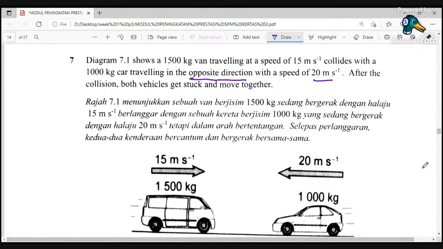Okay, sorry for interruption. 1,500 kg, then this is M1, U1. This is M2, 1,000, opposite direction, V2. After collision, both vehicles get stuck and move together.